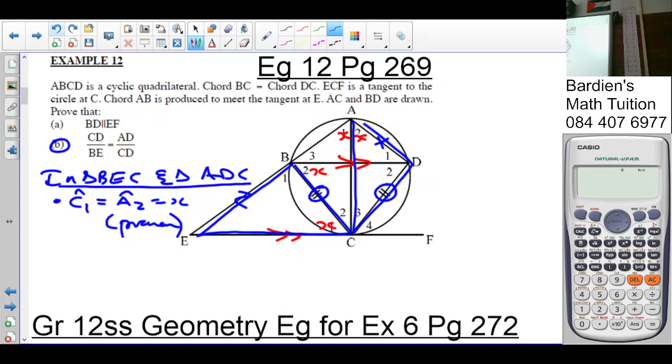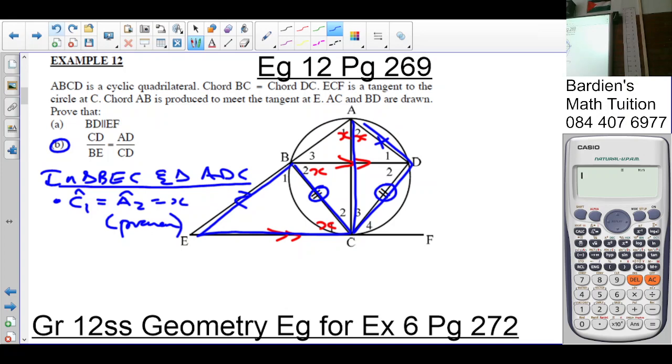Now if you didn't at this point go with the route that I showed, and had gone the shorter route, then you would have said that A2 is also equal to x. Firstly, A1 is equal to x, tan chord theorem. A2 is equal to x, angles opposite equal chords, sorry, equal angles opposite equal chords. Okay, you guys understand?